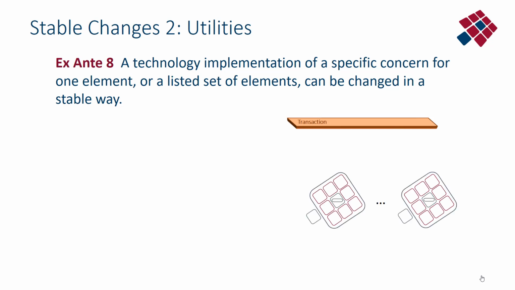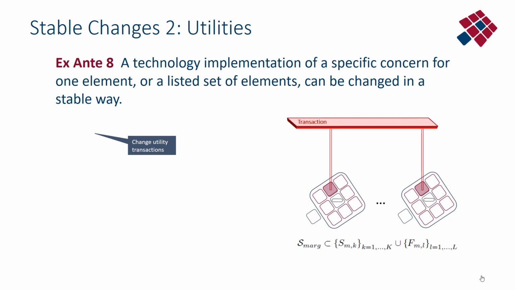Suppose you have a number of elements and they interconnect through one of the element classes with a framework dealing with a cross-cutting concern. Then the only thing you would have to change in the code base, if you would want to change this utility framework for a number of elements, you would have to make new versions of those classes in those elements interconnecting with that cross-cutting concern framework.